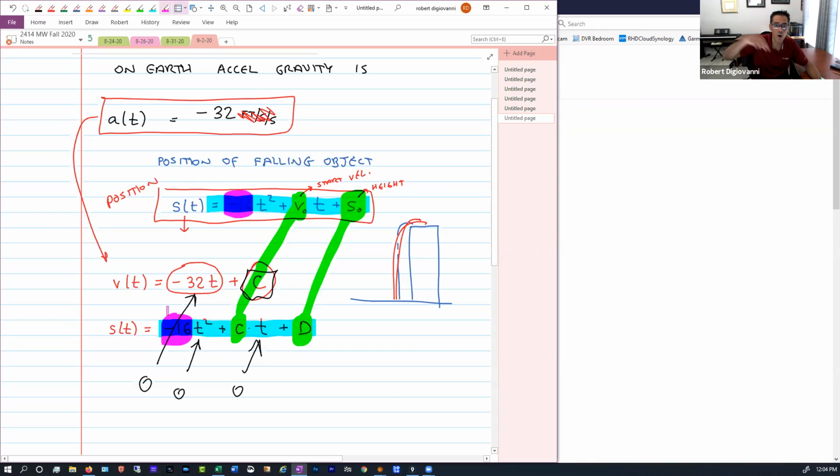We go to Mars and everything else in the formula would be the same except for that negative 16 out front. It would be something different. Does that make sense? So it's pretty cool. You can generate the position function for any object with mass if you can just take the antiderivative.